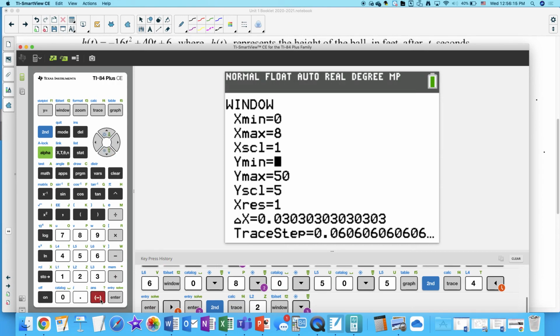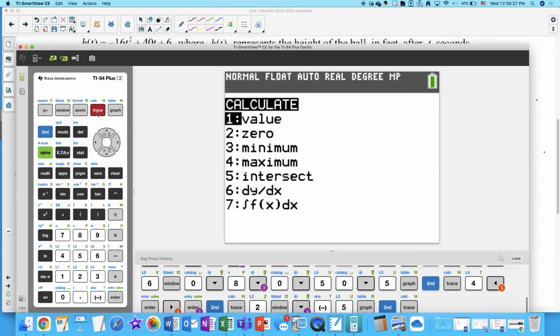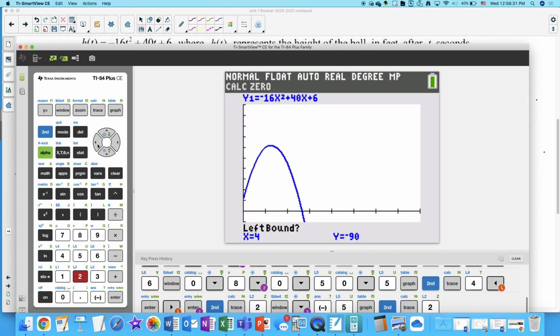So now I'm going to go second, trace, and then number 2. And I'm going to go to the left. Left is on this side because here's the 0 here. I'm going to hit enter, and then I'm going to go to the right. There we go, enter, and guess, yes. So that is about 2.64 seconds.